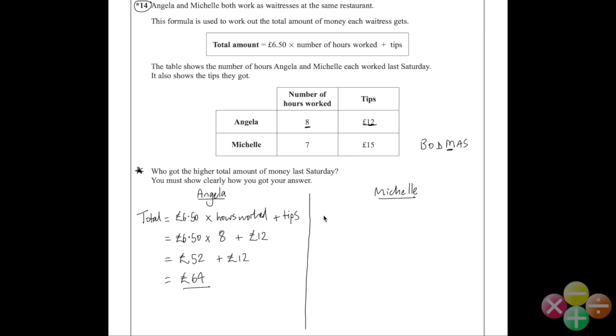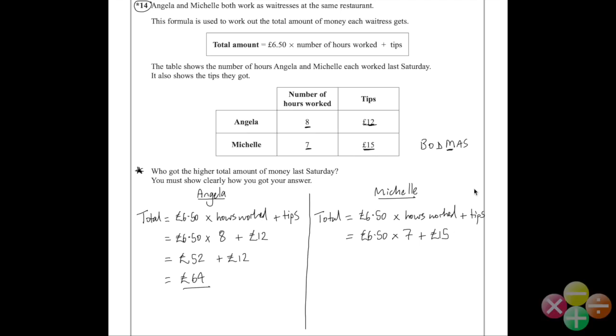Now Michelle, taking the same formula, the total is £6.50 times the number of hours worked plus the tips. That gives us £6.50. Now Michelle, she worked 7 hours. So we're going to multiply that by 7, and we're going to add on the £15 tips, because remember, she got some tips as well.